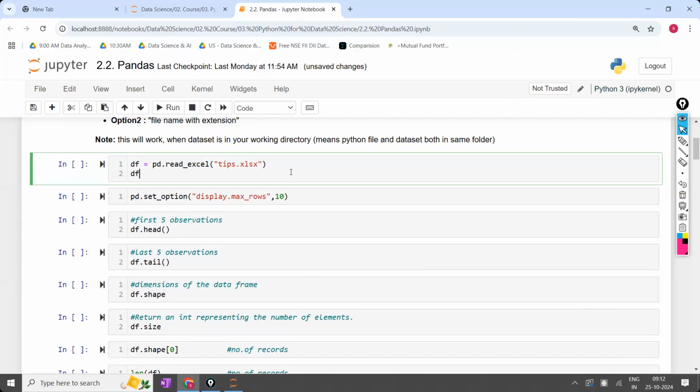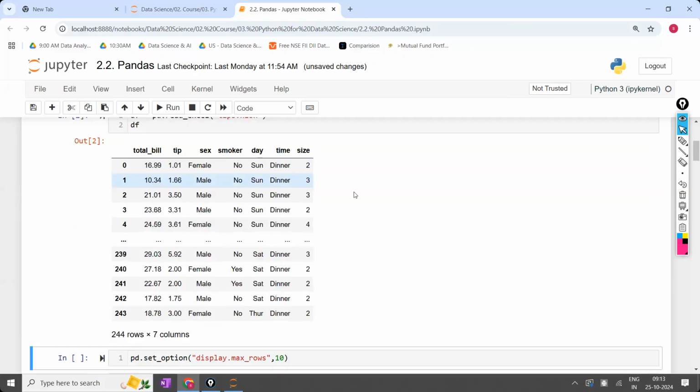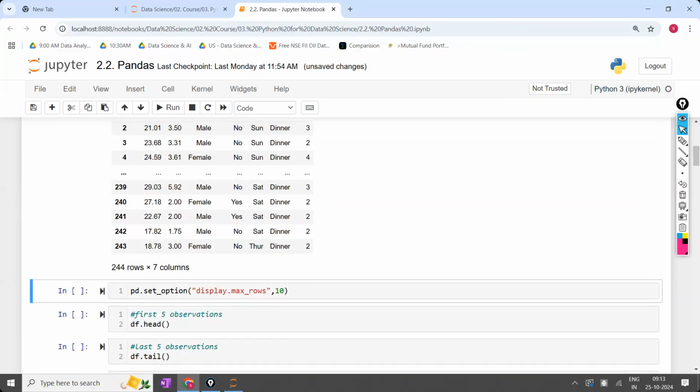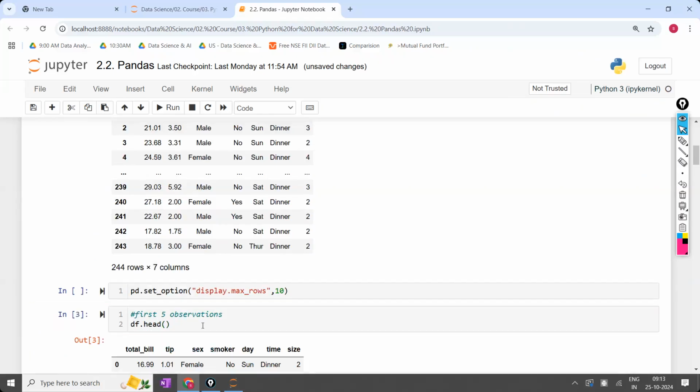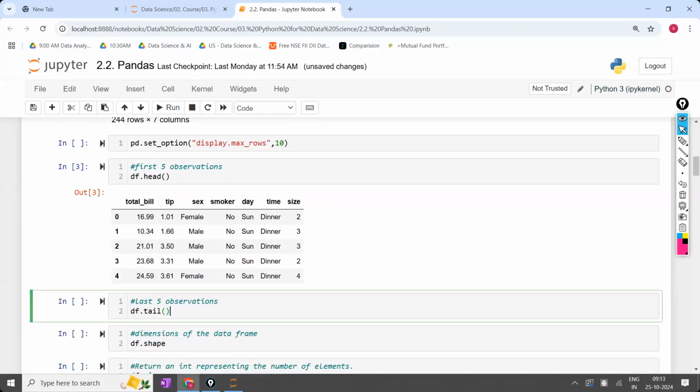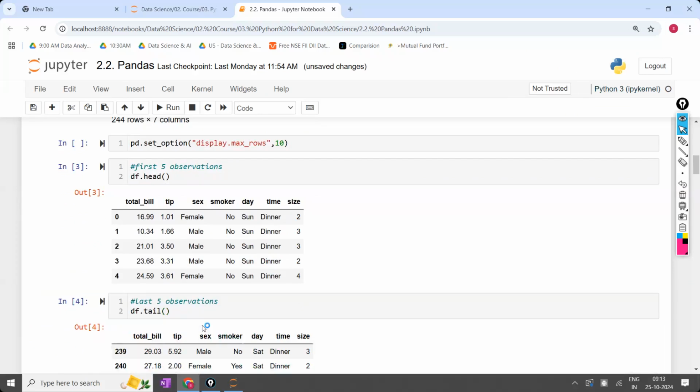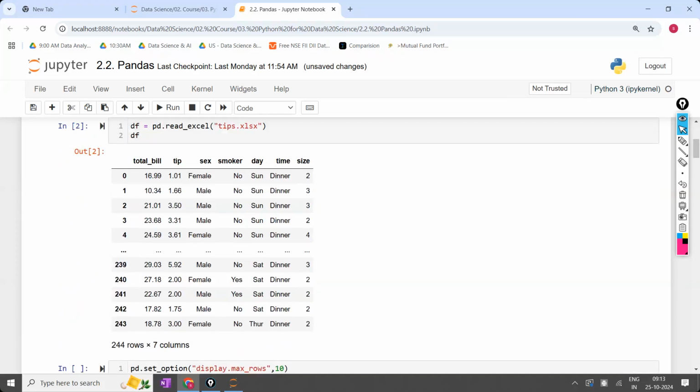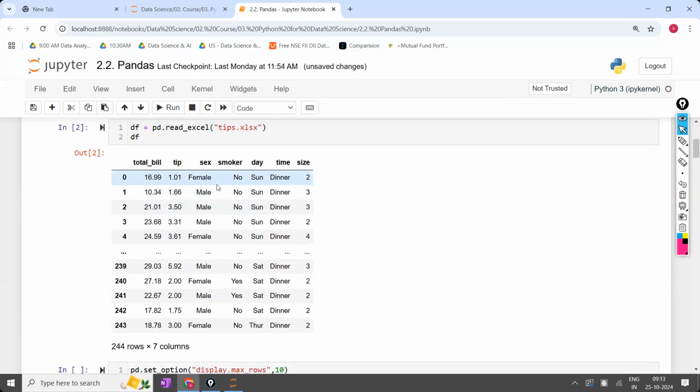I have explained how to read the Excel file, using read_excel. After reading the Excel file, there is the df.head function, which gives the first 5 records, and df.tail, which gives the last 5 records. When you load an Excel file or a CSV file, it will not print all the records.